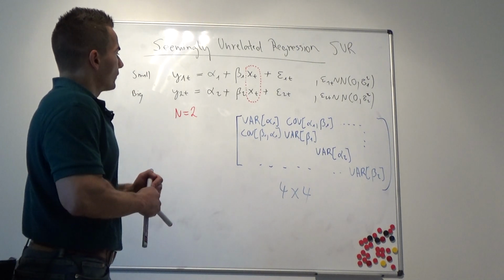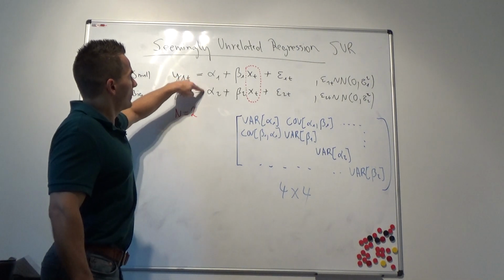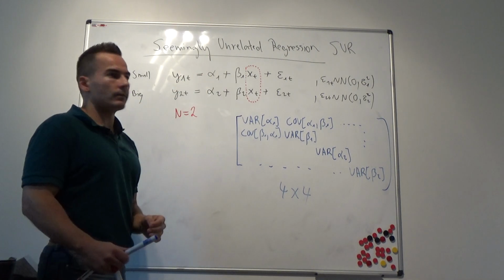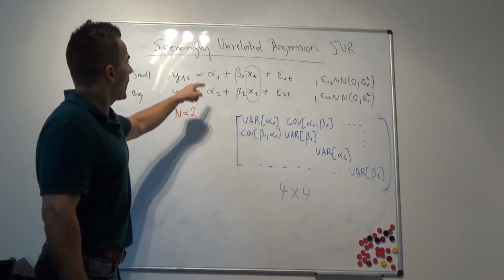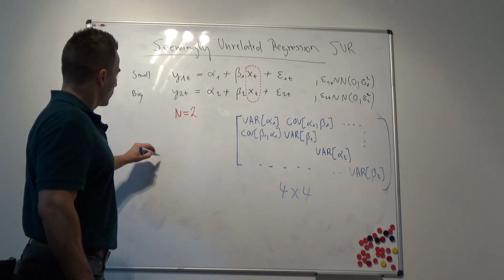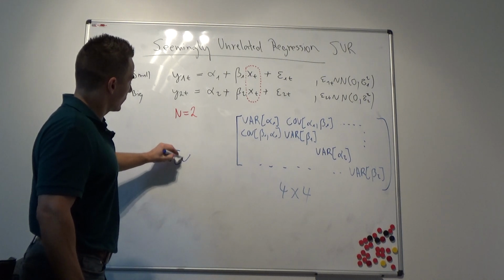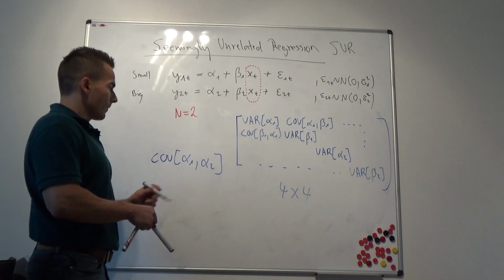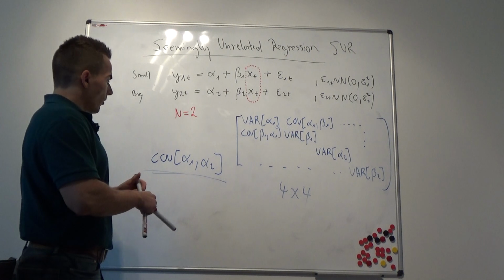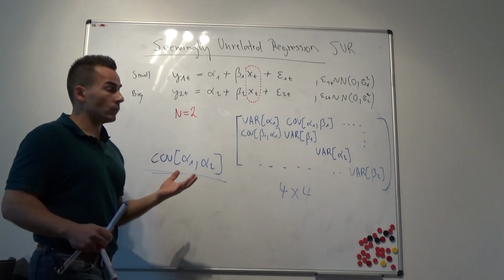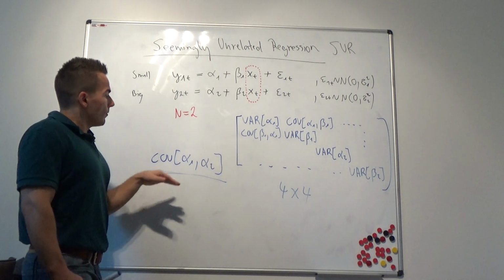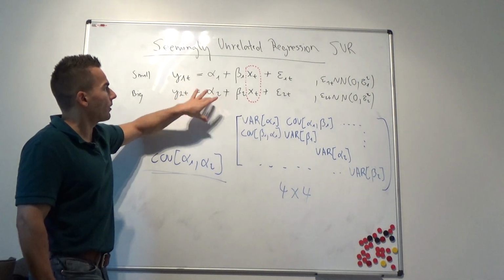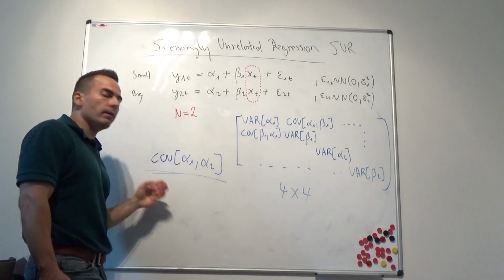So, the thing is that these alphas here, if we test them jointly, we also have to take into account the covariance. There's obviously a covariance between alpha 1 and alpha 2. Because they are potentially correlated, we don't know that yet, we first have to run the model, but because of the covariance between these two, if we want to test them jointly, we have to account for the covariance.